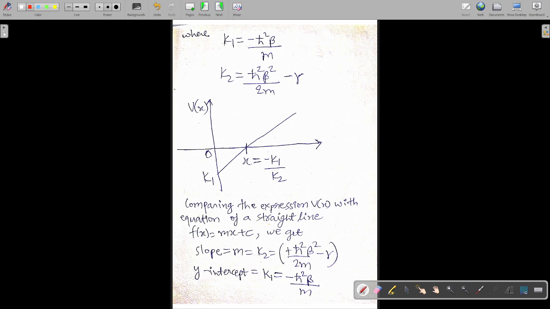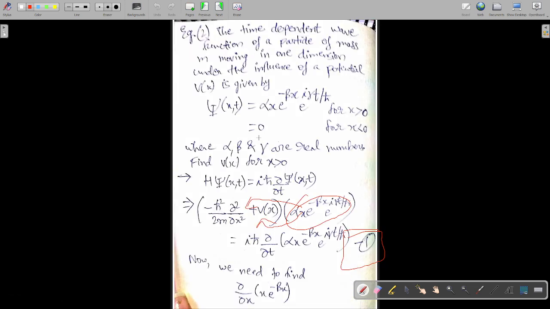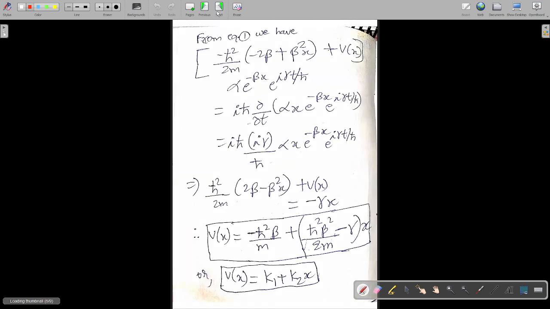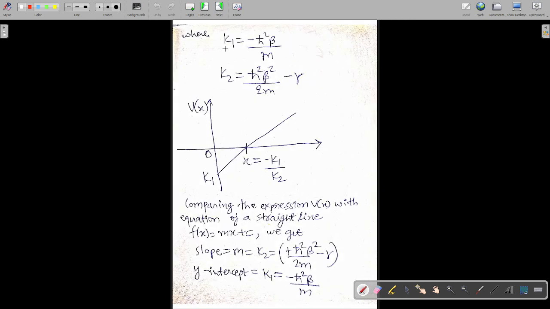You have to find for x greater than 0, so for x smaller than 0 we cannot draw the graph.